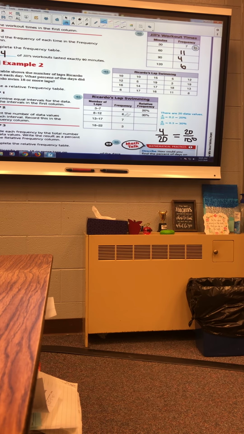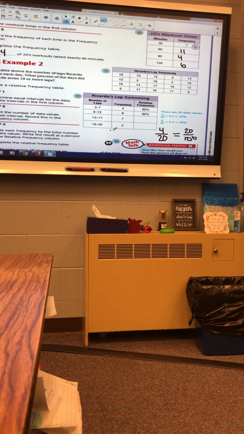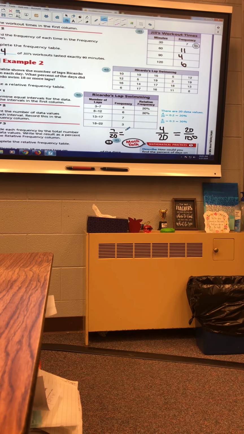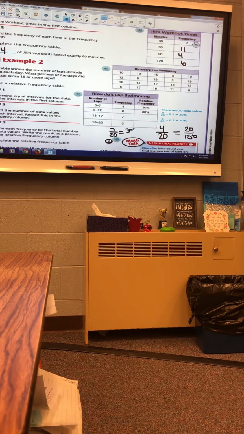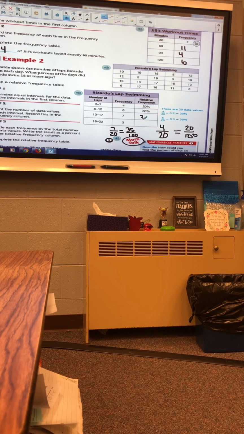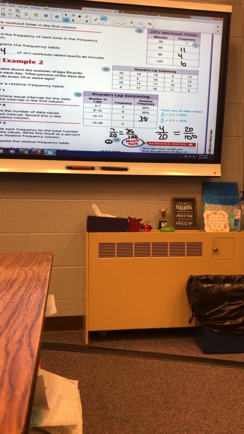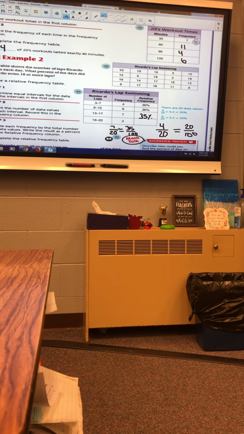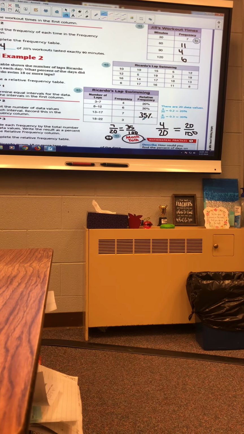So 7, they did 6 for us. So 7 over 20, when you divide that out, or multiply it by 5, you would get 35 over 100, or 35%, okay? And then you would take 3, because that's how many observations, divide that by 20, and you would get 15%.